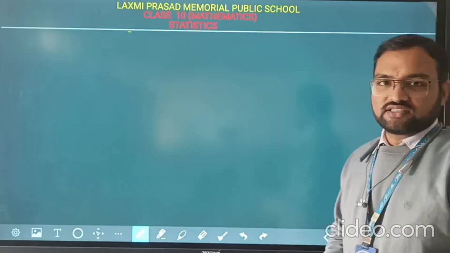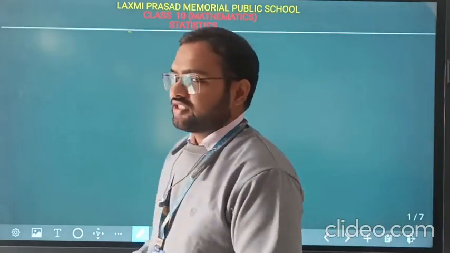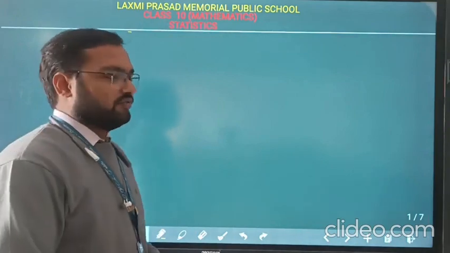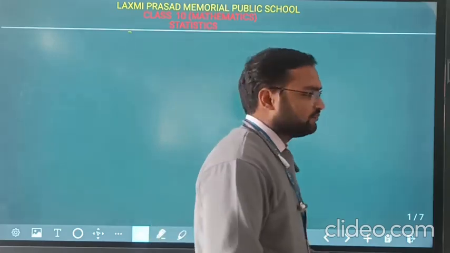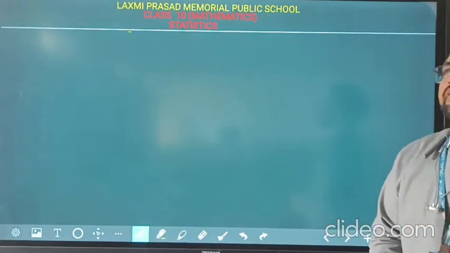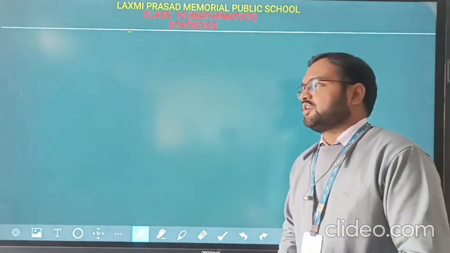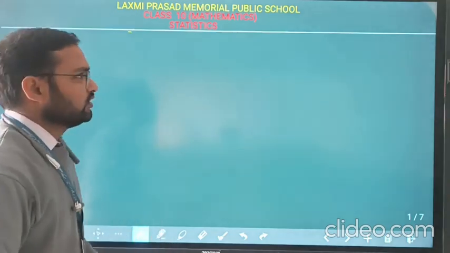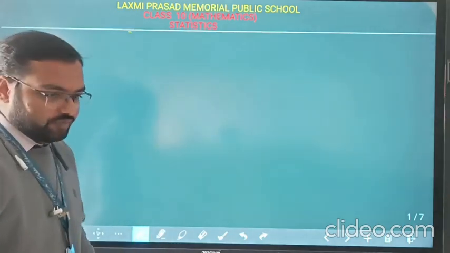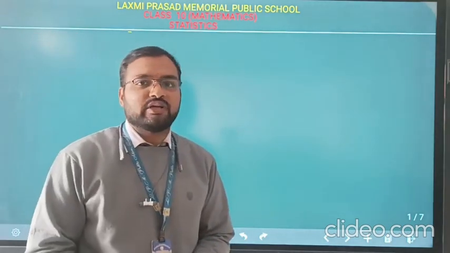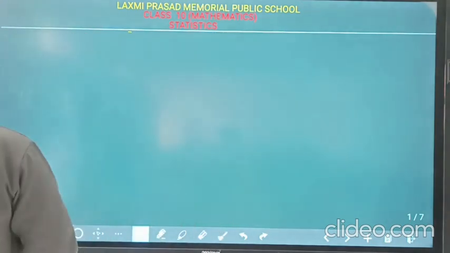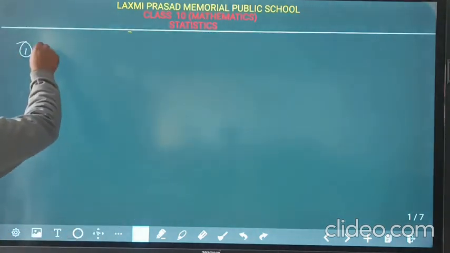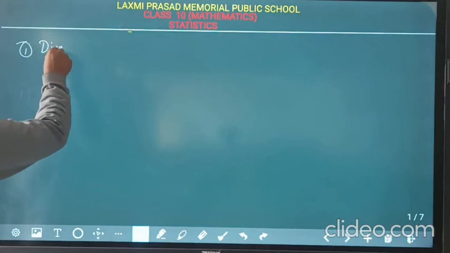As in the previous classes, we have discussed the mean, median, and mode of any given group data, in which we have learned about the methods of finding the mean of given group data by two methods. The first one was the direct method.